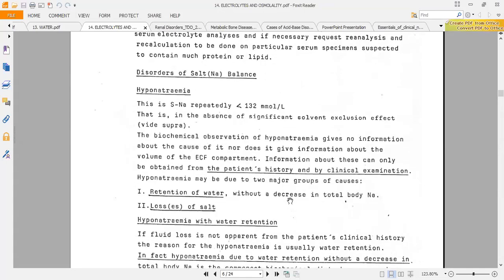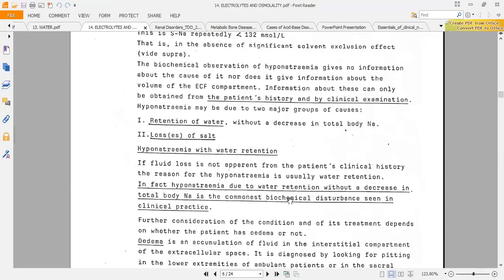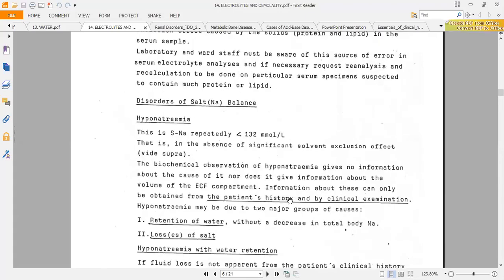So, disorders of sodium. One, hyponatremia. Now if someone has hyponatremia, first of all, rule out the solvent exclusion principle. Rule that one out. And then secondly, check the person's clinical presentation. Let me make it orderly.